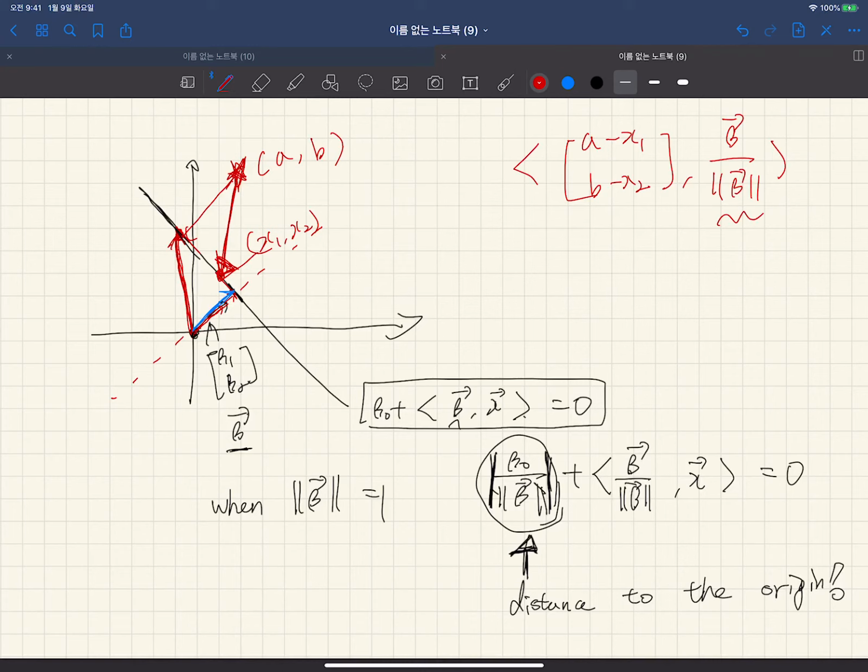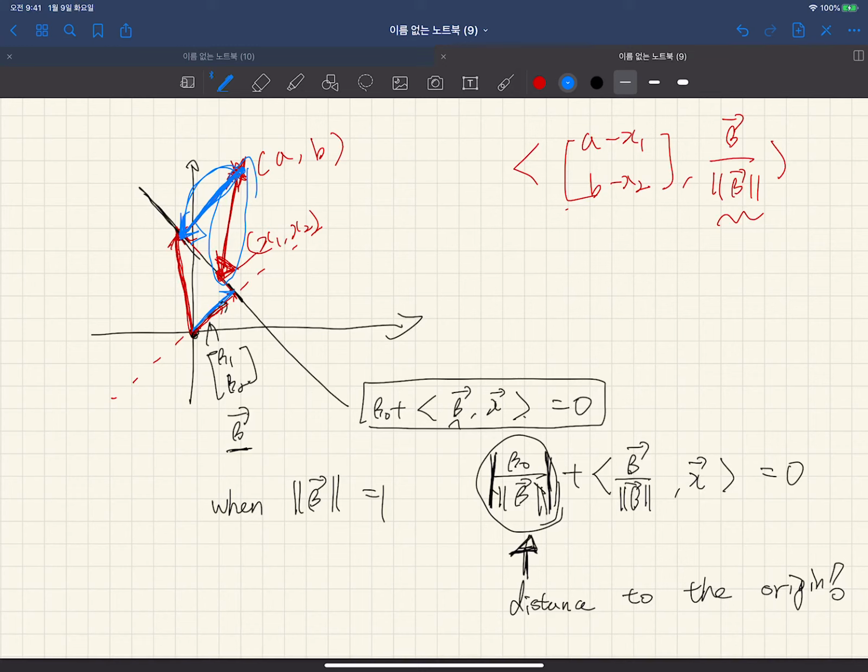Because this is a unit vector, when you take the inner product, it will tell you the length when you project this vector onto the orthogonal direction. So you will have the length of this vector, starting from A, B, going to this hyperplane at an orthogonal angle and ending at the cross point. And this inner product will tell you the length between A, B and the hyperplane. Okay, and what is this?